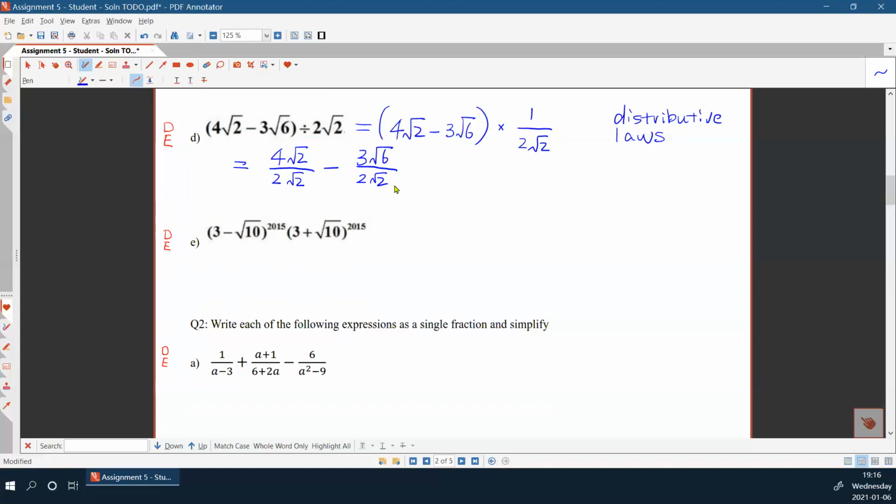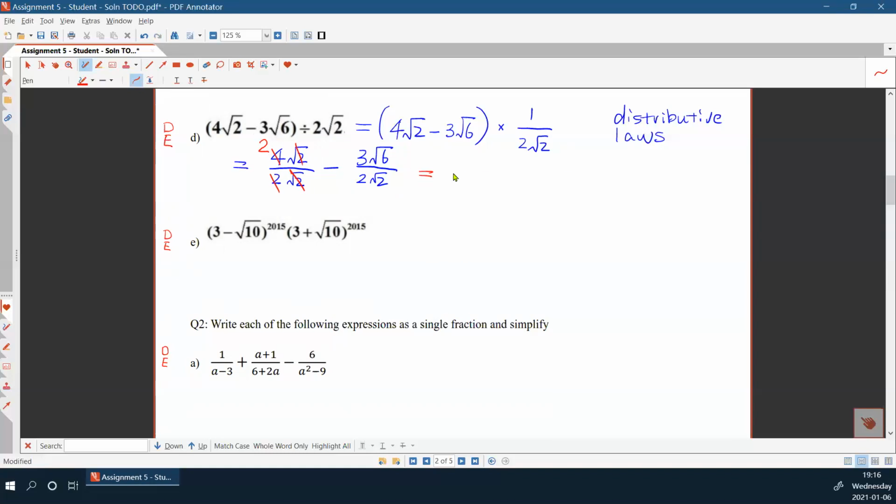Okay, and then we can simplify this expression. The first term can be canceled a square root of 2 and then cancel a 2, which leaves us a 2 here, right? So here we can do nothing about the second item.